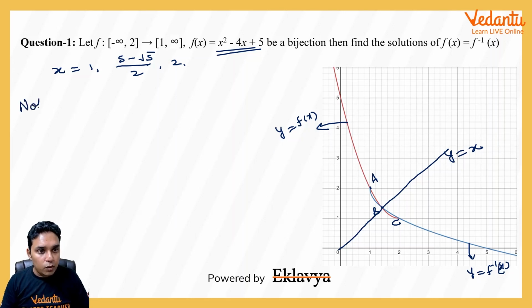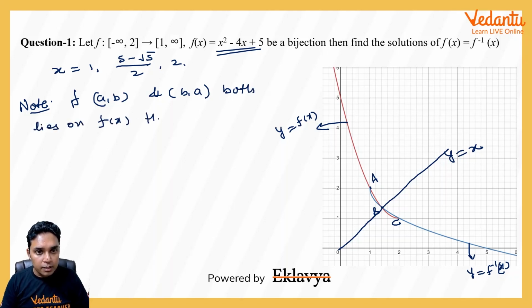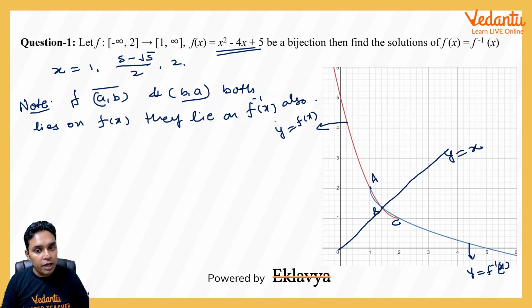There was an important note here that if (a, b) and (b, a) both lie on f(x), they lie on f(x) and also on f inverse x. That is what I have said. You can understand that corresponding to (a, b), (b, a) will lie on f inverse x, and corresponding to (b, a), (a, b) will lie on f inverse x.